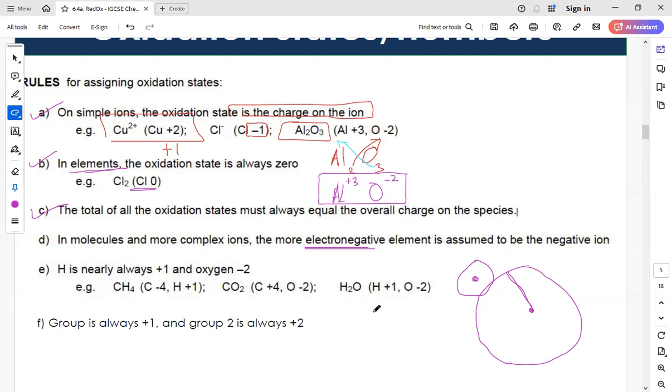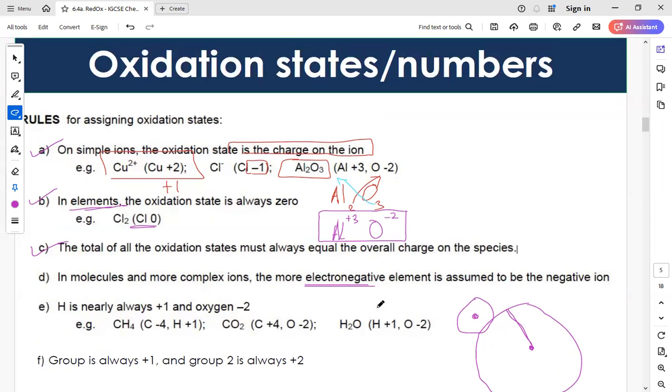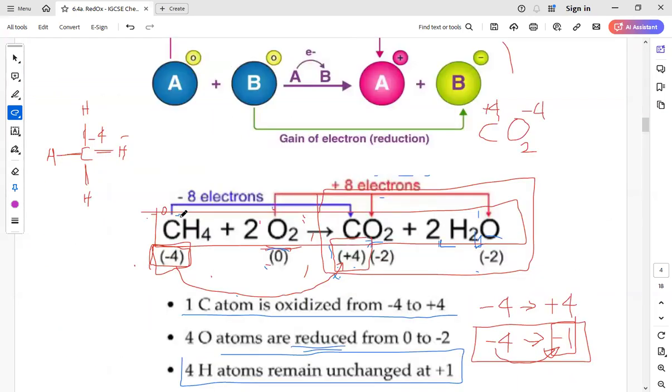Okay, so for example, if you talk about methane, in the methane example, carbon is more electronegative as compared to hydrogen. Okay, hydrogen exists on the far left, carbon exists on the right side of the periodic table. And when you move from left to right on the periodic table, the electronegativity increases.